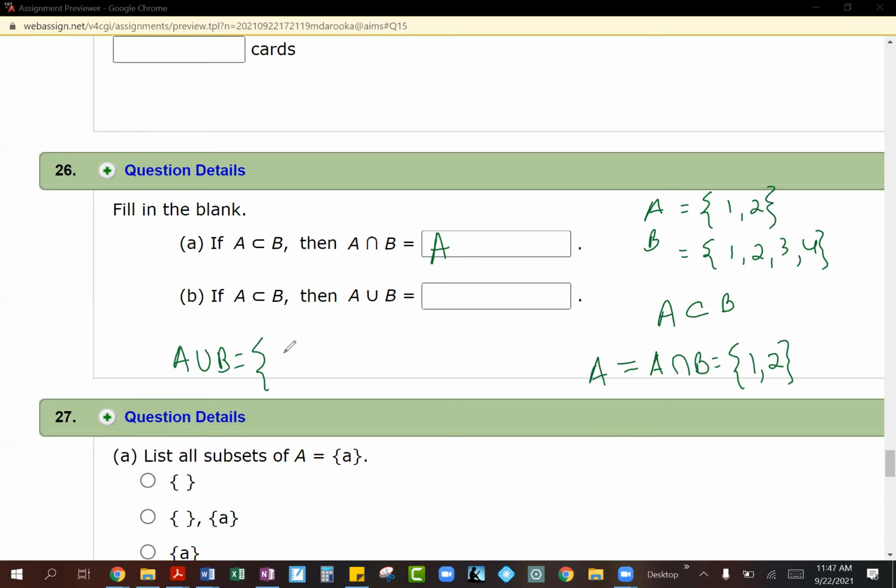Set B. Yeah, set B, because 1 and 2 are overlapping, and then you also bring everything that's not common, so 3 and 4, and you will see this is the same thing as set B. So this answer here will be set B. Since they're not giving you a definition, they're just telling you that set A is a proper subset of B, just create something with numbers so you can visualize it. But this is going to be true no matter what your sets A and B are defined as. The intersection is always going to be the smaller set, so that's set A. The union is going to be the larger set, so that's set B.